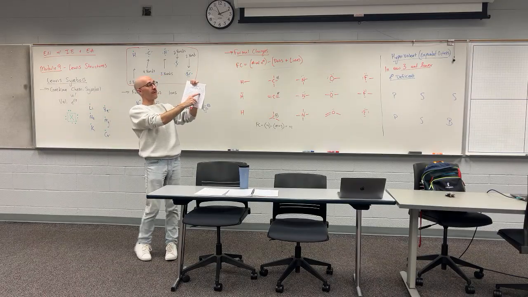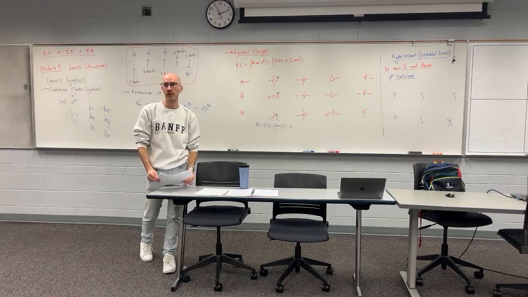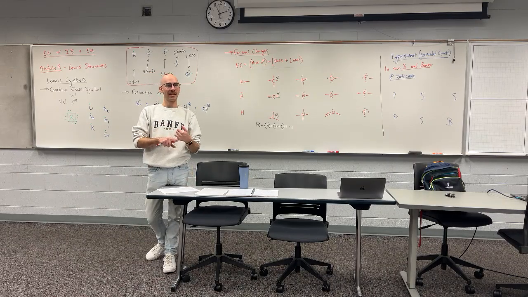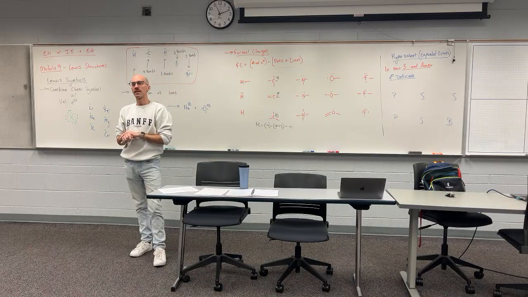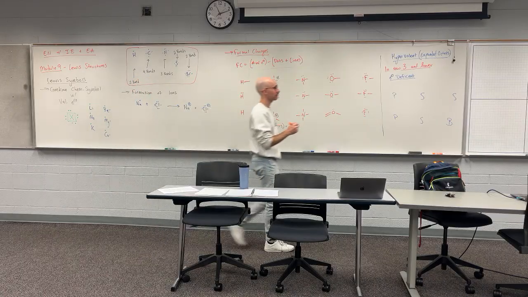So if phosphorus or sulfur were truly going to fill their outer shell, they wouldn't need 8 electrons, they would need 18. They don't go for 18, but they can go above 8.